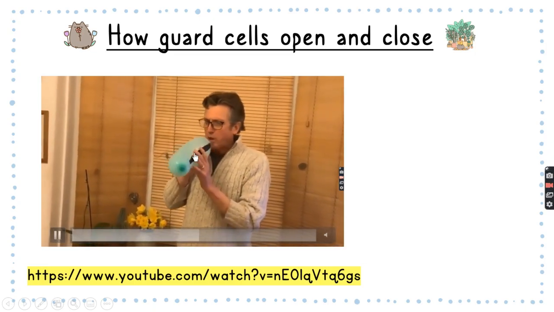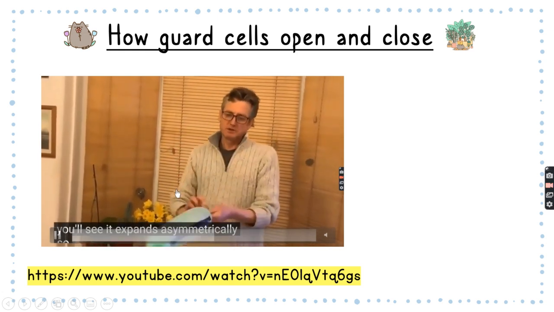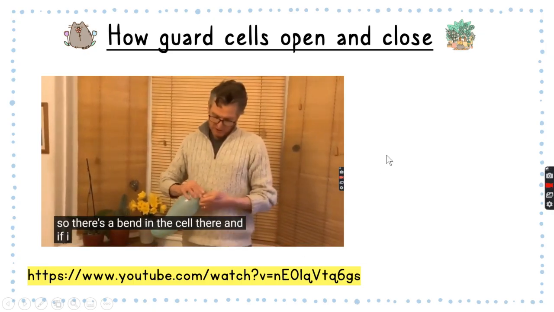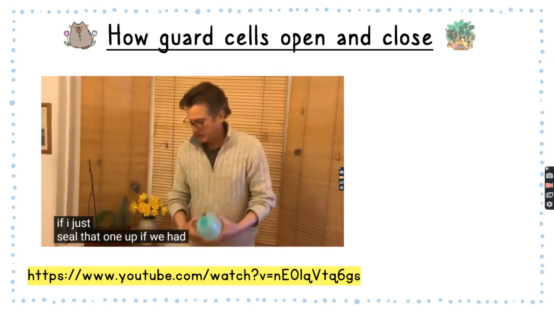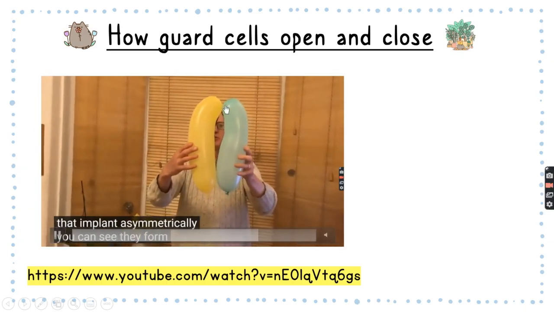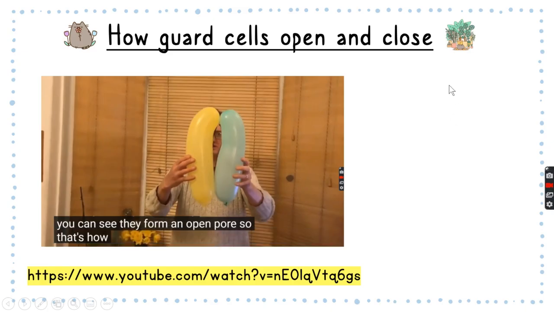You can see that when he blows up the balloon, it becomes more curved because the wall over there is much thicker. Because of this difference in thickness, that is how the guard cells can open and close the stomata pore.